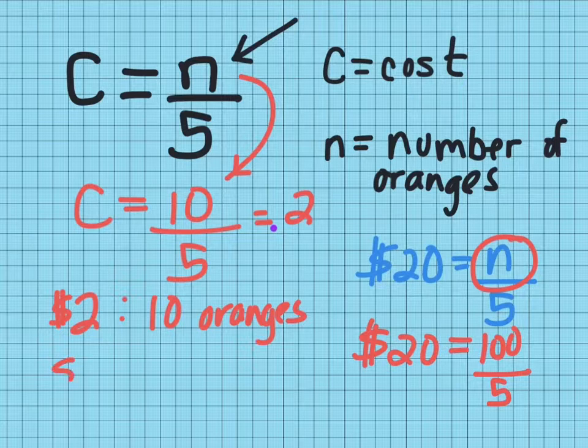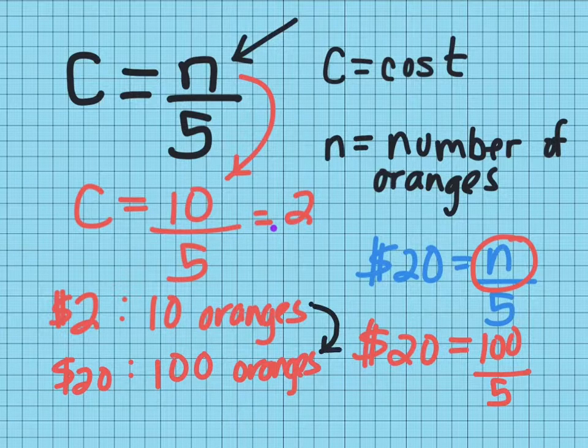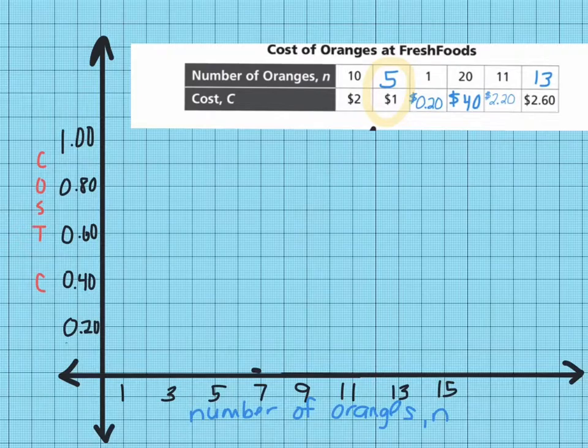So $20 would give me 100 oranges. And again, those are in proportion. I wrote them a little bit differently, but if I scale up by 10 on the right and scale up by 10 on the left, that's a proportional relationship.